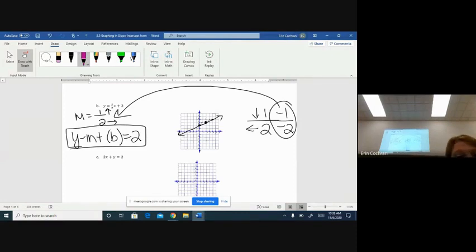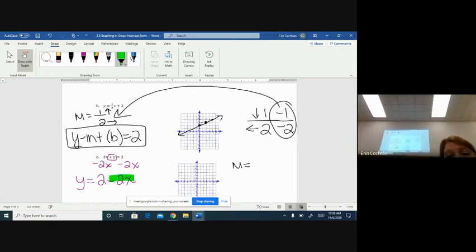So if I'm solving for y, how would I take 2x to the other side? I would subtract it. So I have y equals 2 minus 2x, okay?